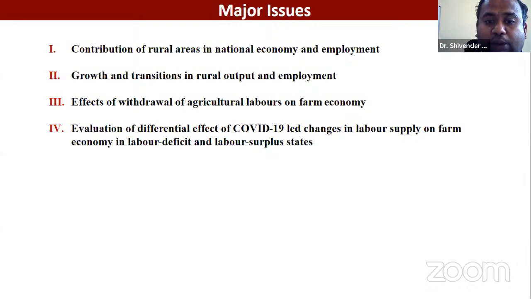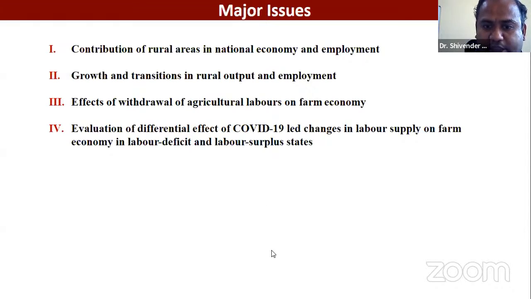So what happened to those two categories in terms of wages and other things when the lockdown occurred due to COVID in 2020?